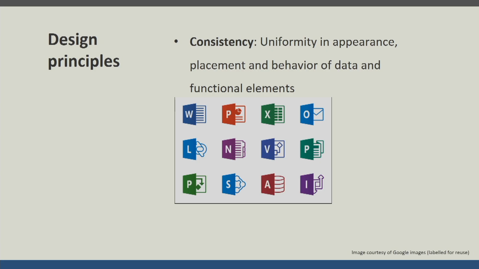The next design principle is consistency. Uniformity in appearance, placement and behavior of data and functional elements. The example in front of you is a set of applications which belong to a particular suite of applications.